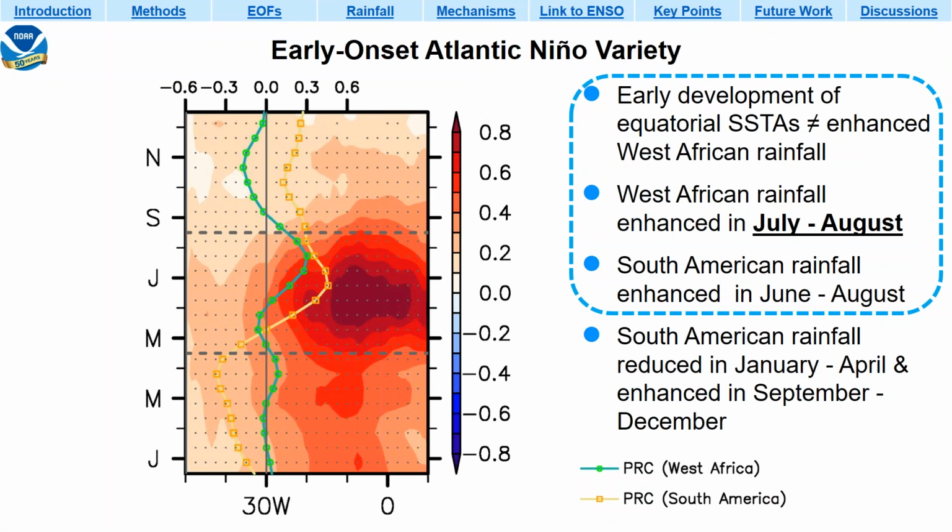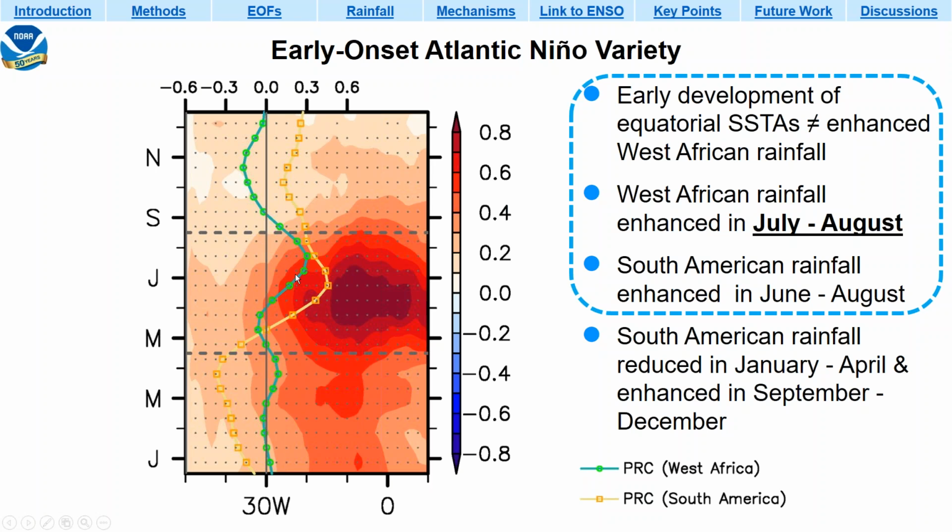The next one is the early-onset flavor. In this case, what is surprising is that this early development of the SST anomaly does not really translate into enhanced rainfall in the West African region. It's pretty much neutral during this time. And because this flavor terminates pretty early, its impact on the West African rainfall is pretty much limited to July to August.